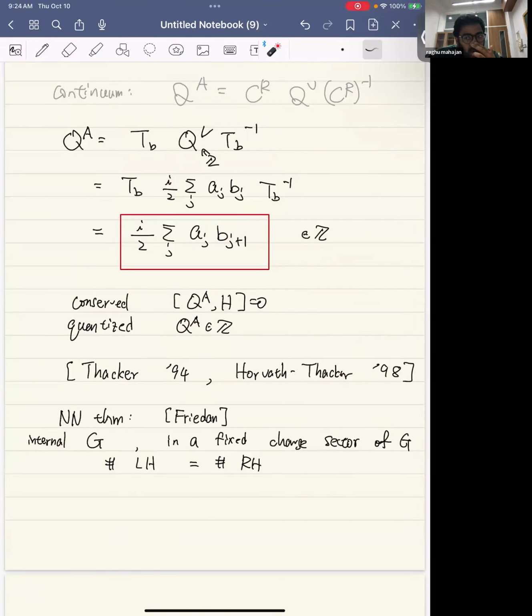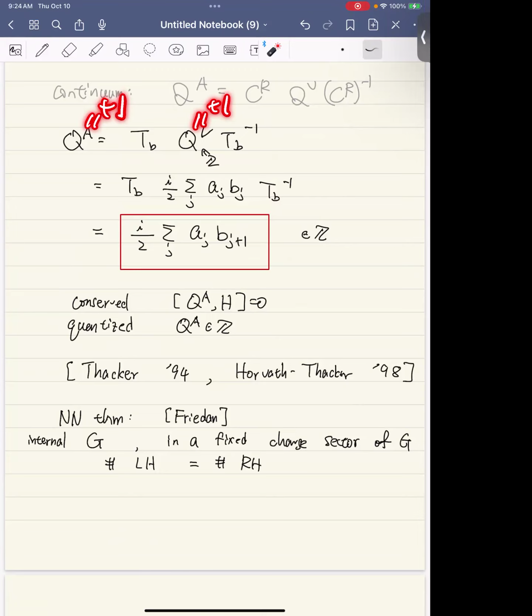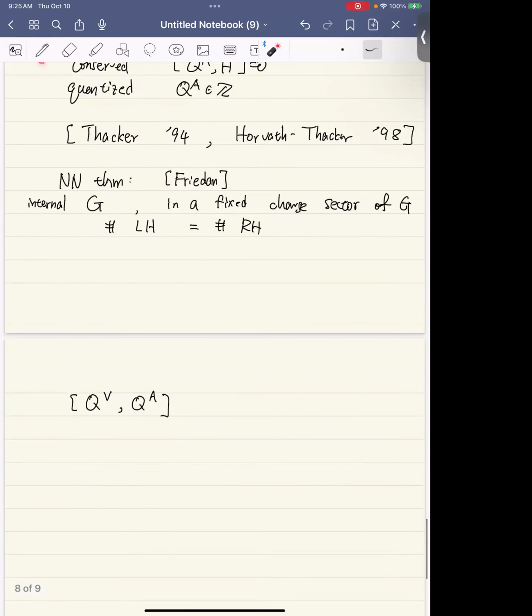And then I restrict to the charge sector where both of them are +1. And then you only have one left-handed fermion. Exactly. And that would have been a violation of the Nielsen-Ninomiya theorem. But what saves the day is that they actually don't commute.